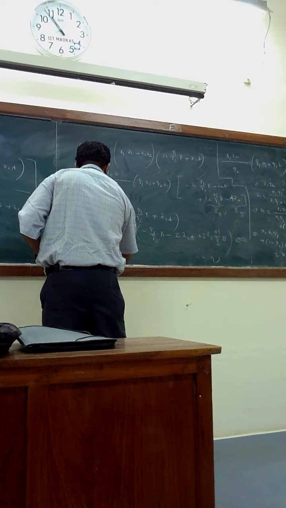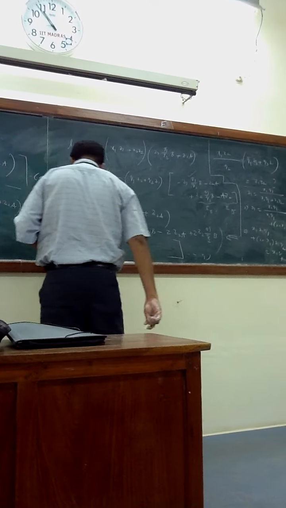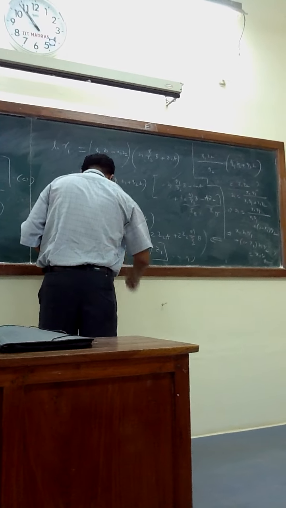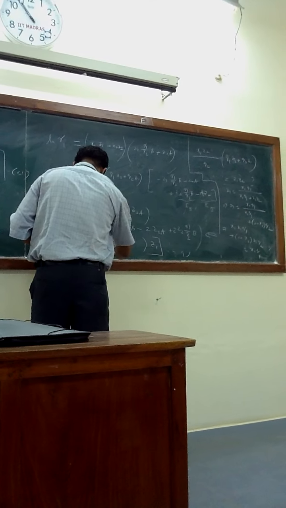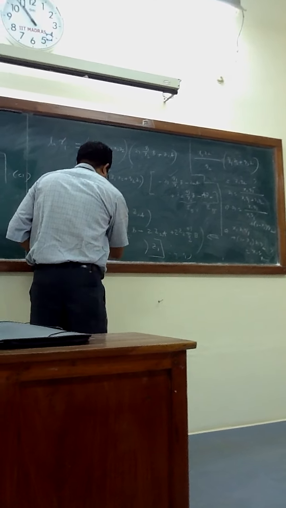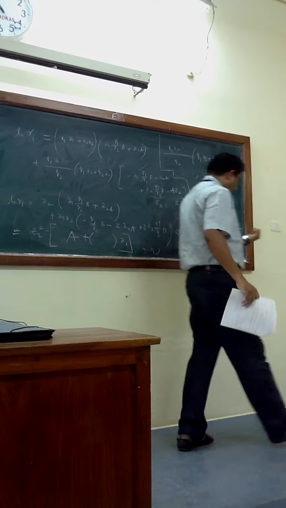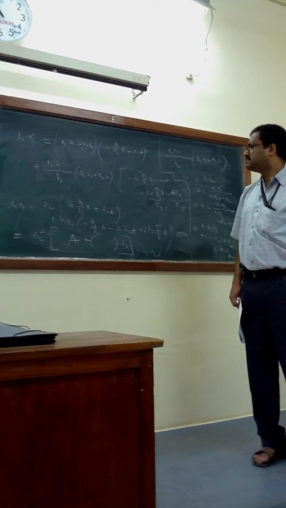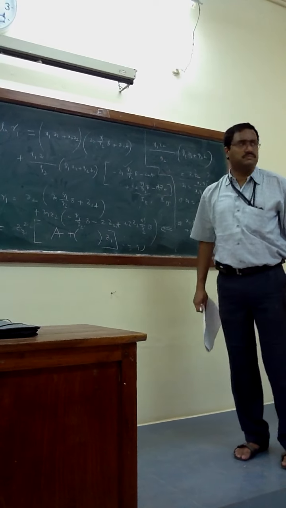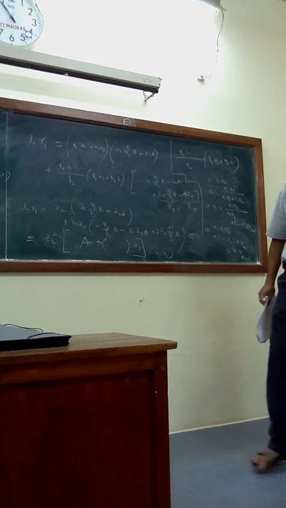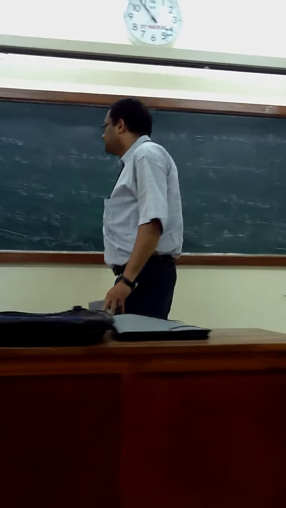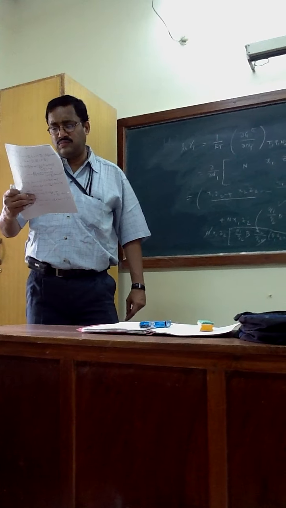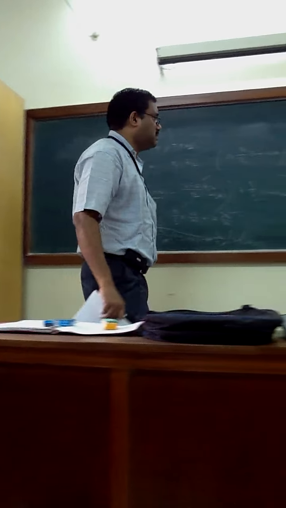Final form I will get in terms of z2 square, some z1 will be there and A will be there. Can you put in the blanks? If you expand it, you can see how to cancel this term.